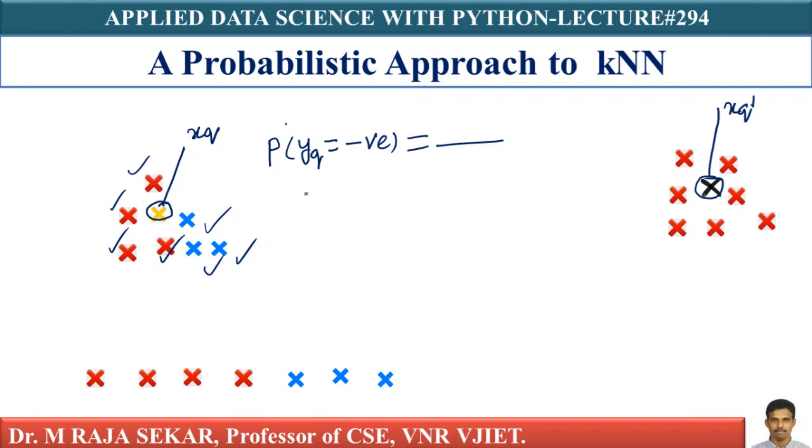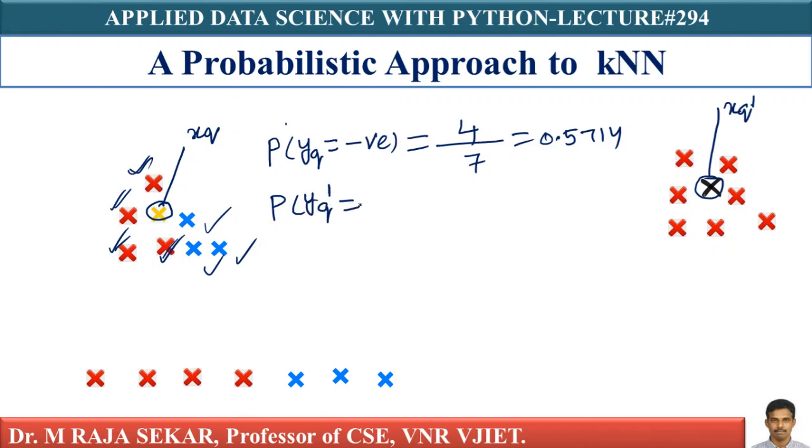Of course, this includes the query point, therefore the total number of points is 7. How many negative points are there? 1, 2, 3, 4. There are 4 negative points. That is 4 by 7, which is approximately equal to 0.5714.